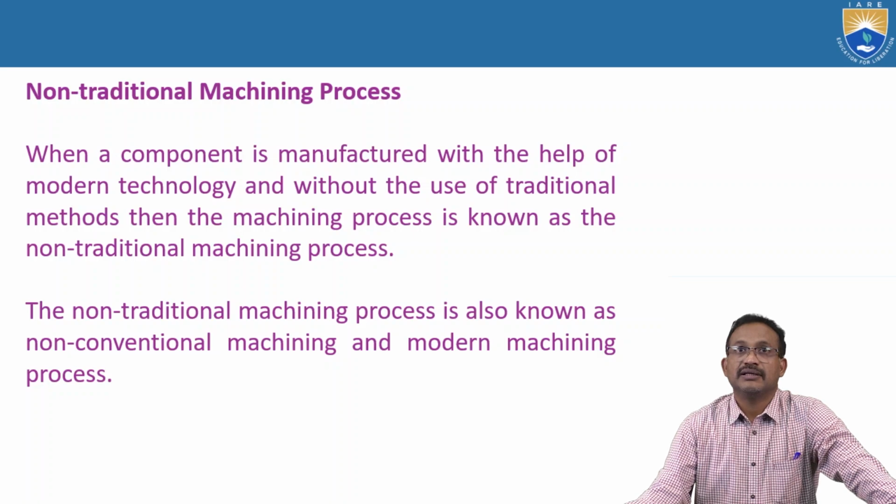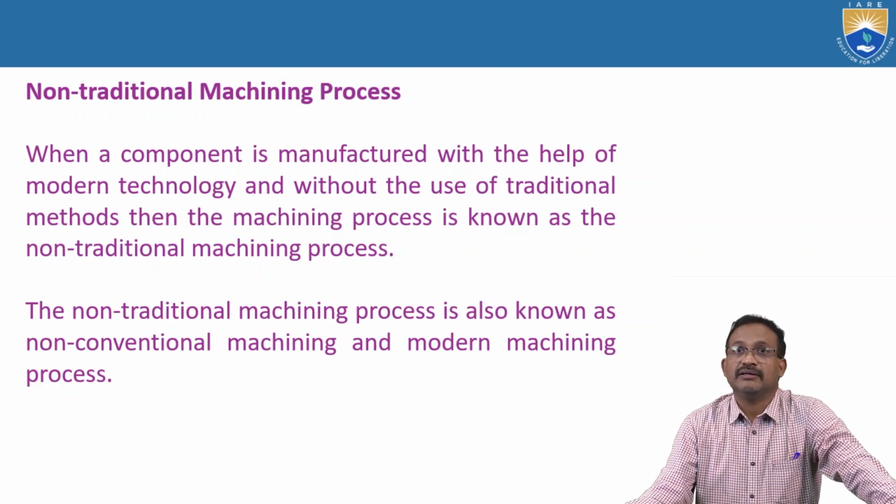Now let us see what is non-traditional machining process. When a component is manufactured with the help of modern technology and without the use of traditional methods, then the machining process is known as the non-traditional machining process. It is also known as non-conventional machining, modern machining process or unconventional machining process.